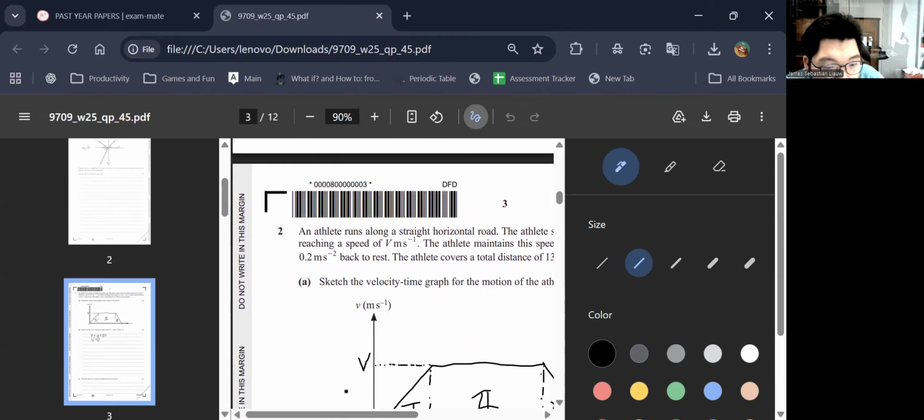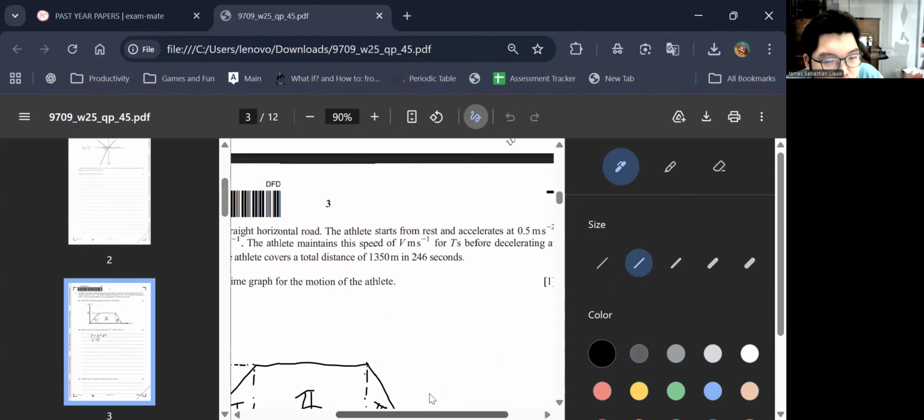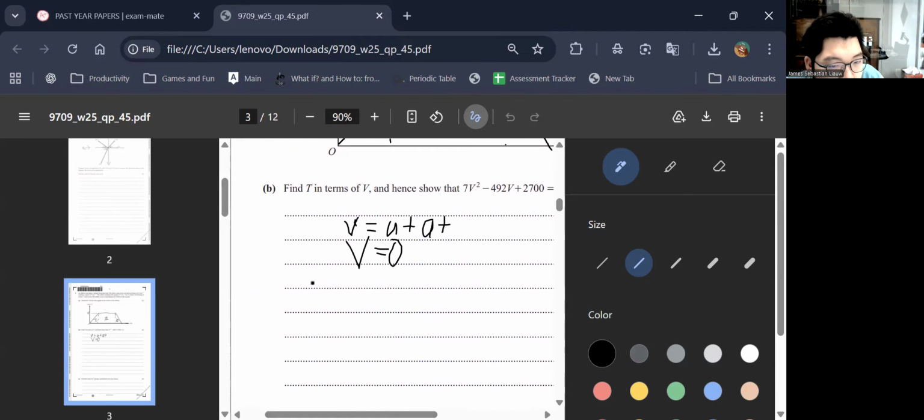Right. It says that the athlete starts from rest and accelerates at 0.5 meters per second squared. So a is 0.5.